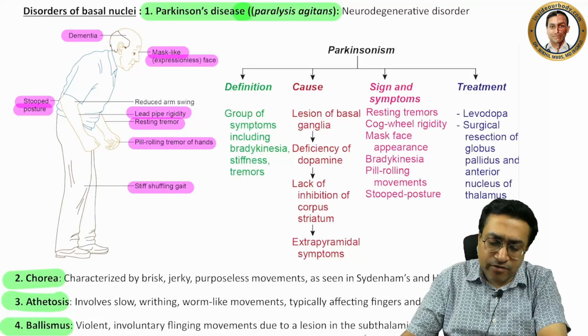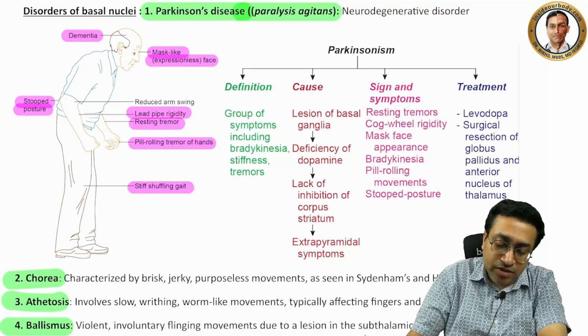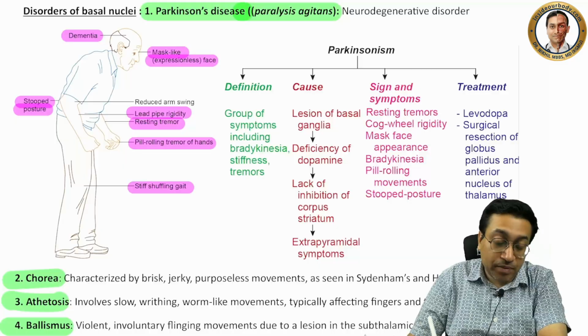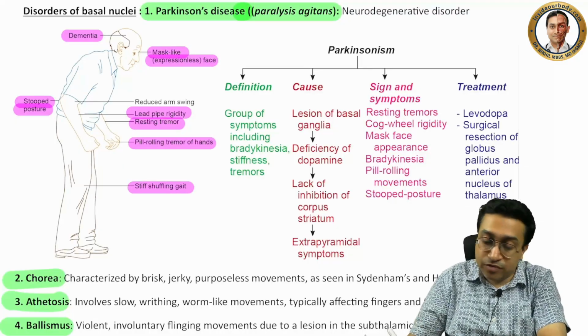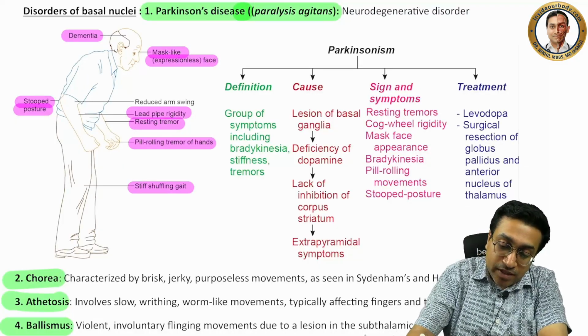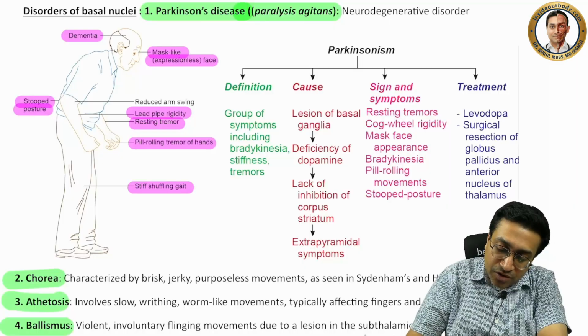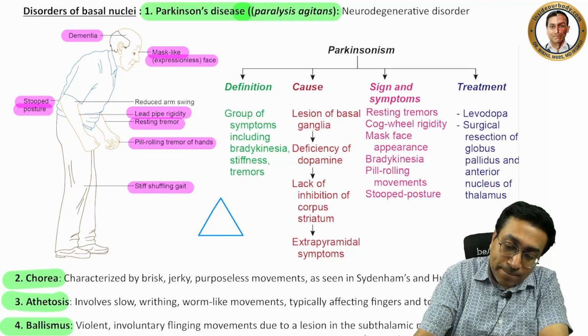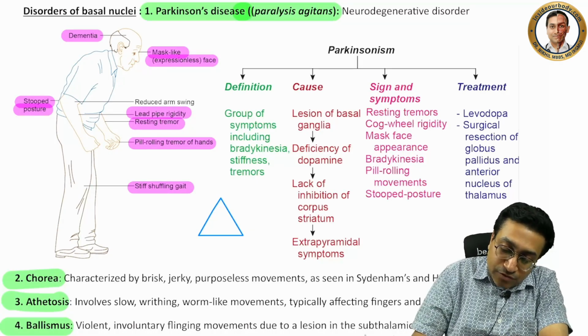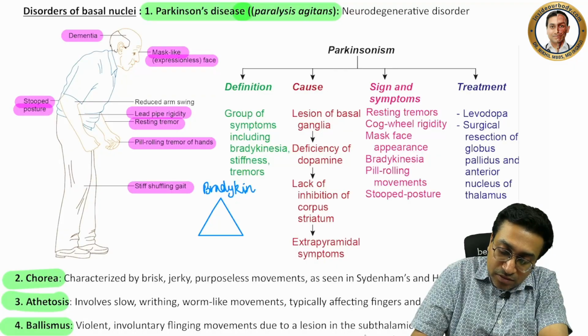Okay, and a very quick brief understanding: Parkinson's is actually a group of symptoms, and you can remember this with the help of a triangle, where the first one is bradykinesia, then you have tremors and stiffness.